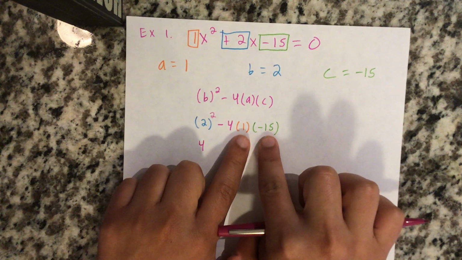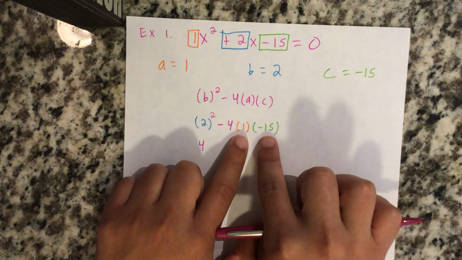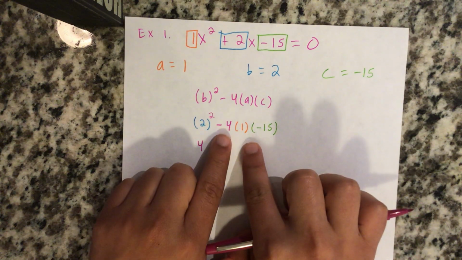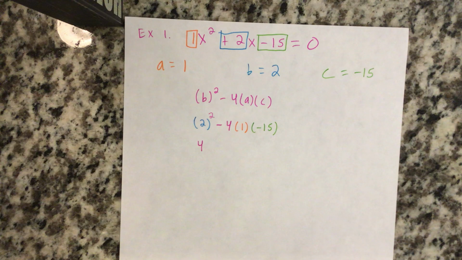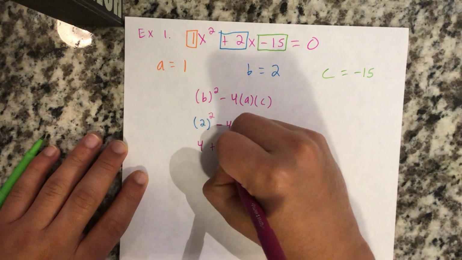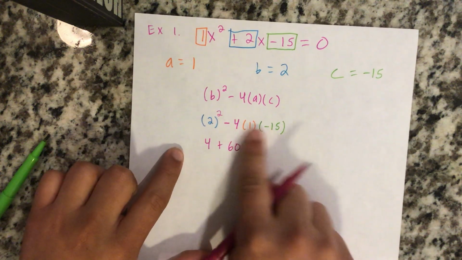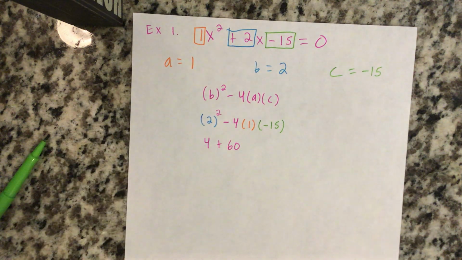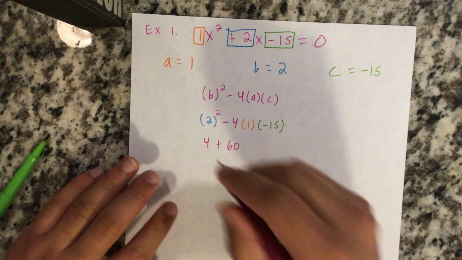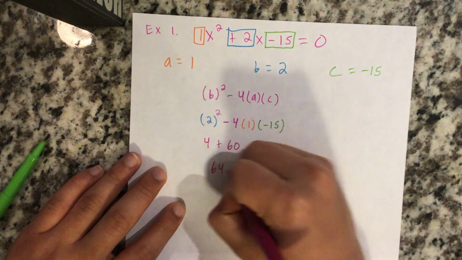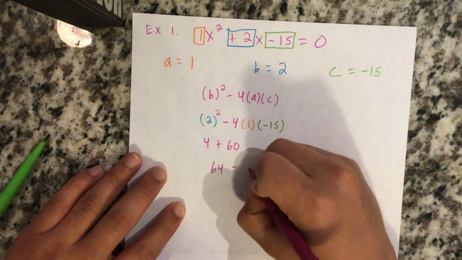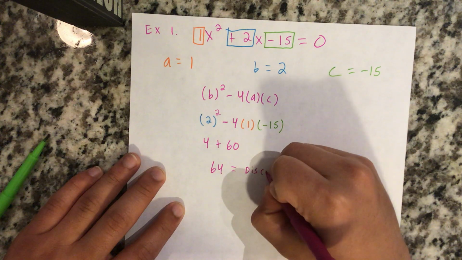So negative 15 times 1 is negative 15, right? Now negative 15 times negative 4 gives me a positive 60, okay? So 2 squared is 4, this stuff all over here gives me 60. So last part, easy. 4 plus 60 gives me 64. So 64 is the discriminant.